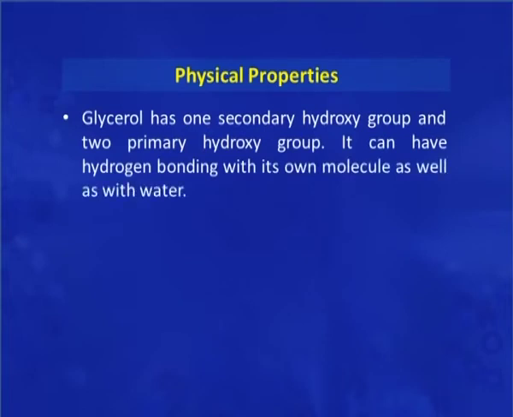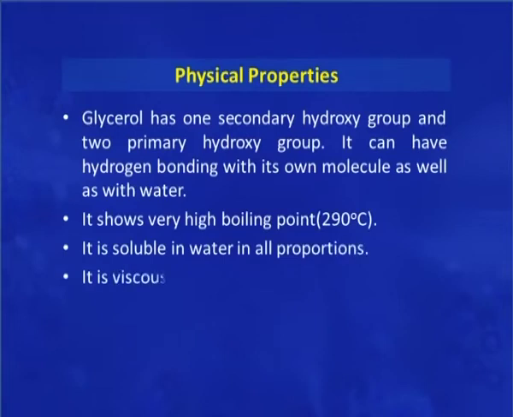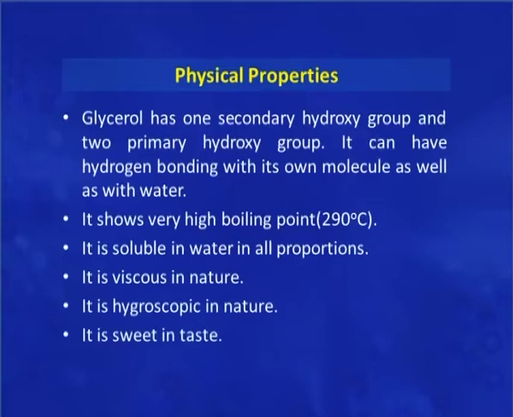As a result, it shows a number of properties: it has a very high boiling point, in the range of about 290 degrees centigrade. It is soluble in water in all proportions, it is viscous in nature, it is hygroscopic also, and it is sweet in taste. All these properties of glycerol are due to the presence of 3 hydroxy groups.